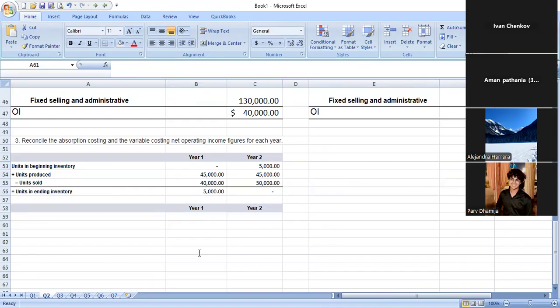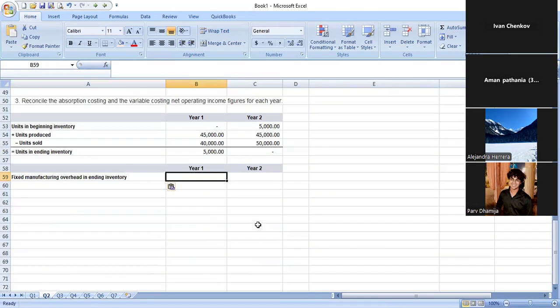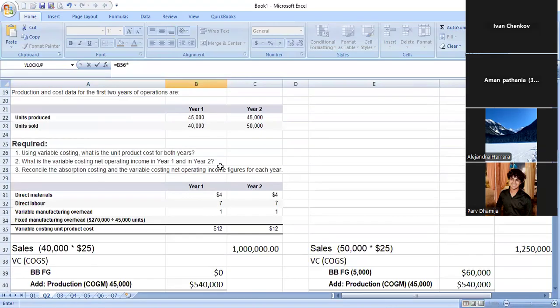How much is my fixed manufacturing overhead? Manufacturing overhead in ending inventory in the absorption. In the first year, the difference is those 5,000 times the $6, correct?